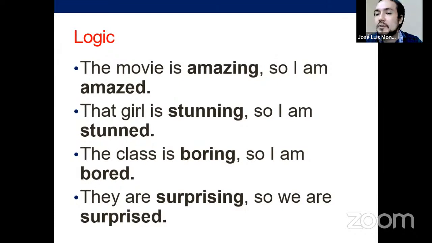For example, how do you describe the group of people that makes you feel surprised, guys? How do you describe that group of people that makes you feel surprised? They are surprised.